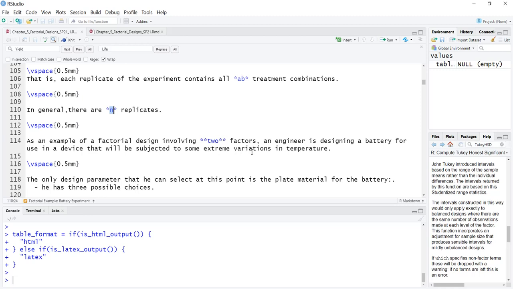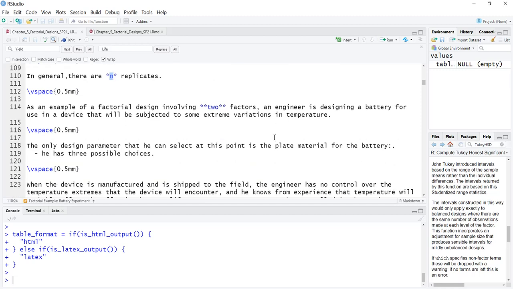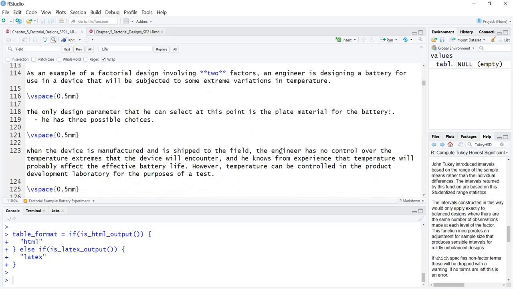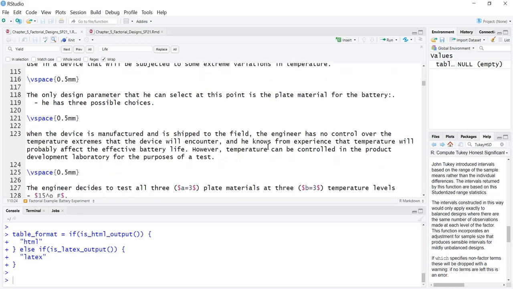So we're going to have two factors here, and we have an engineer who's designing a battery for use in a device, and it's going to be subjected to some extreme variations in temperature. So the only design parameter that he can select at this point is the plate material for the battery. He has three possible choices, and they don't tell us what those choices are.